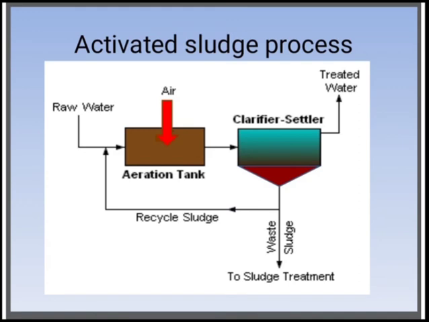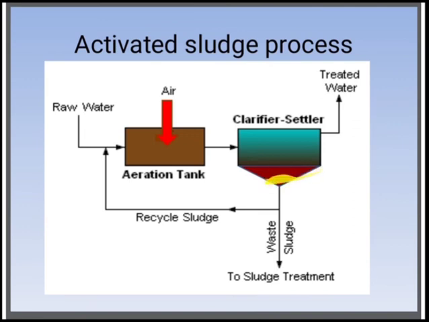And here is the diagram again. So raw matter or wastewater is taken, then bubbling of air or oxygen is done. This is the aeration tank, and from this aeration tank the water will transfer to the clarifier or settler. Here sewage will be settled at the bottom, and the supernatant liquid can be transferred for the secondary treatment again, and purification can be done, and this water is useful for use.